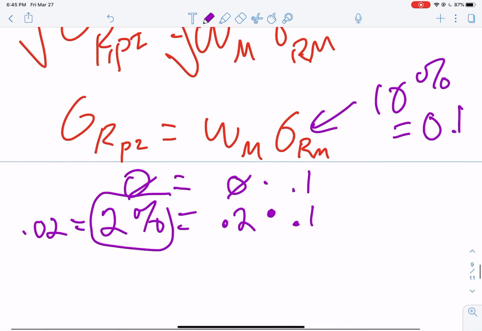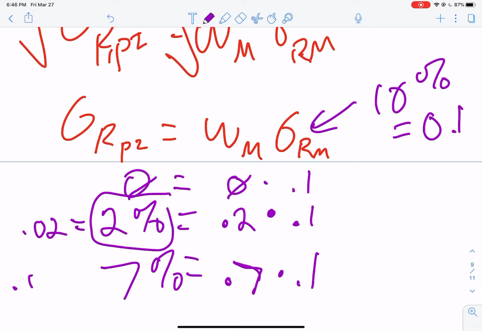And then if I've got 70% of my wealth in R, then it's 0.7 times 0.1. And of course, that equals 7%, 0.07. And then 0.07 or 7% will be the standard deviation of the return of the portfolio of two securities.